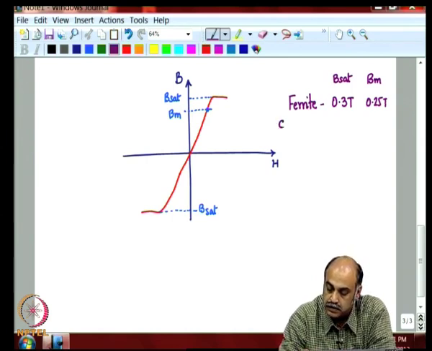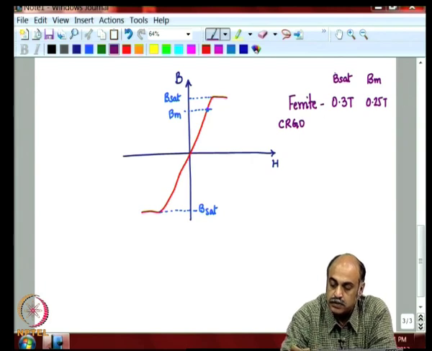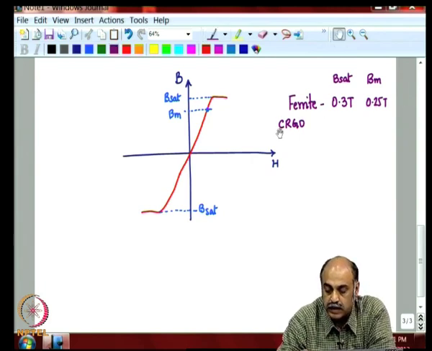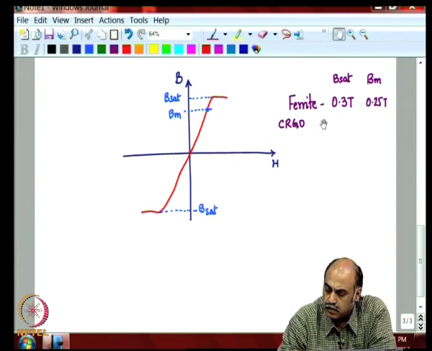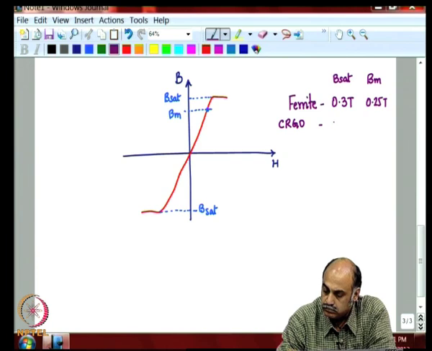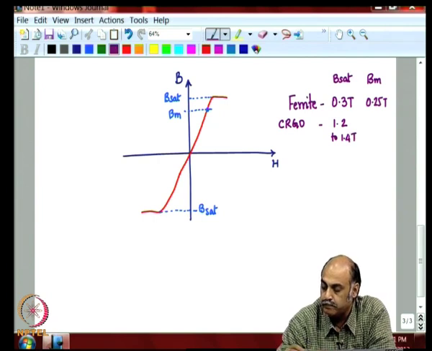And if it is CRGO, which is the acronym for cold rolled grain oriented silicon steel, this has a BSAT of around 1.2 to 1.4 Tesla, and one may operate at 1.1 Tesla.